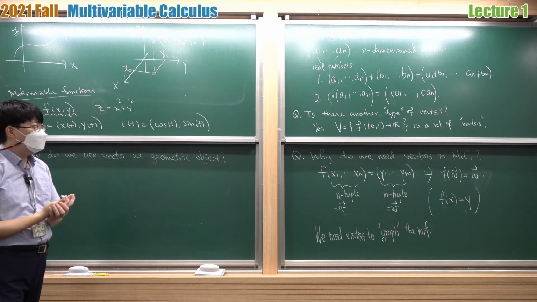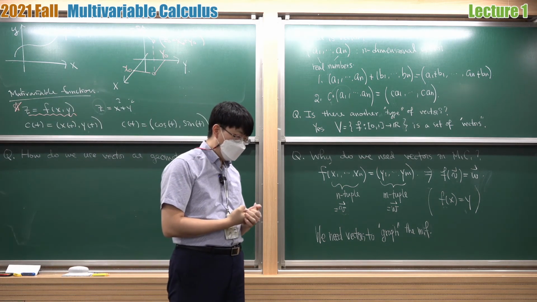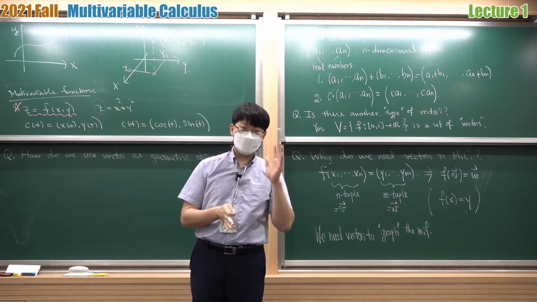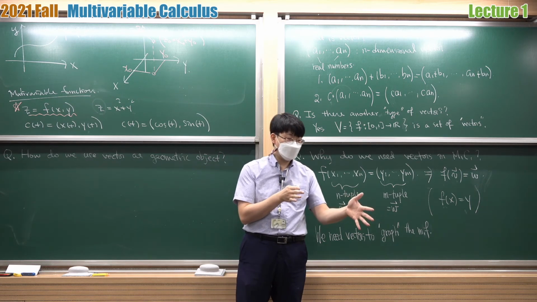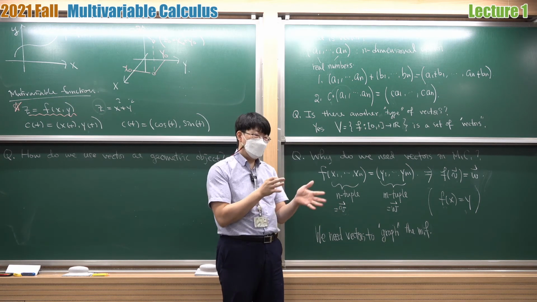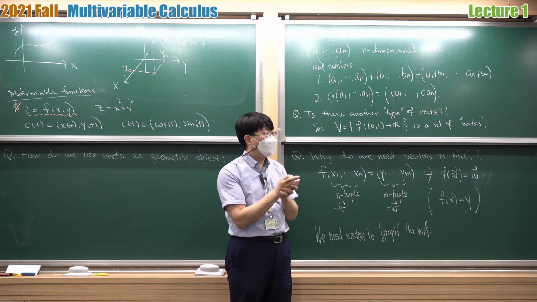Because if you have a two-dimensional vector, for example, it's just a pair of numbers, right? So you can consider the first coordinate as an x coordinate and the second coordinate as a y coordinate. And this two-dimensional vector represents a point.